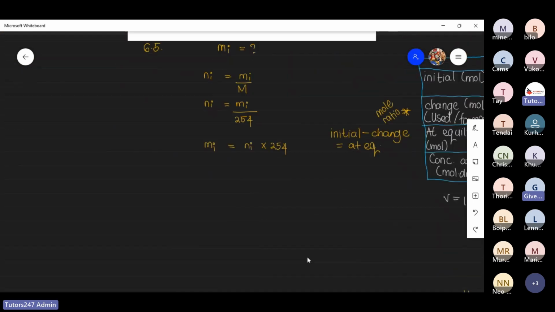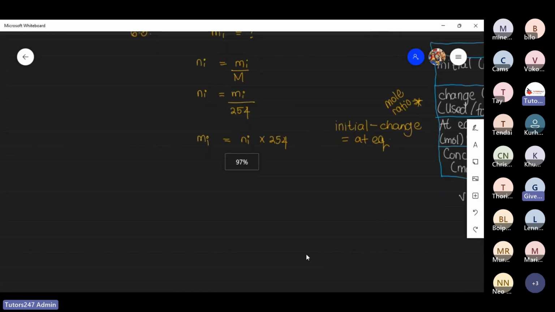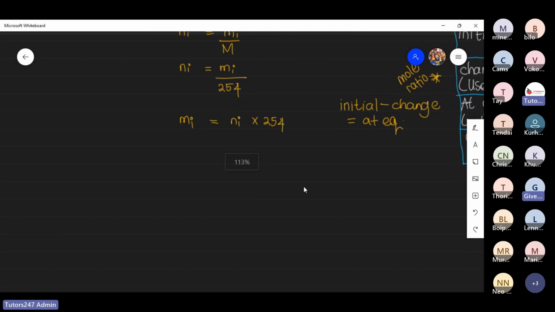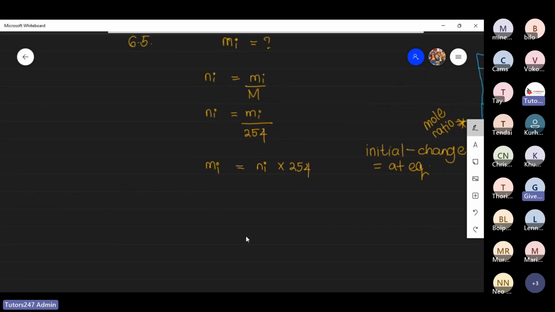So let's go back to the original equation. Our original equation was initial number of moles times 254. So let us substitute. This is 0.1045 times 254.